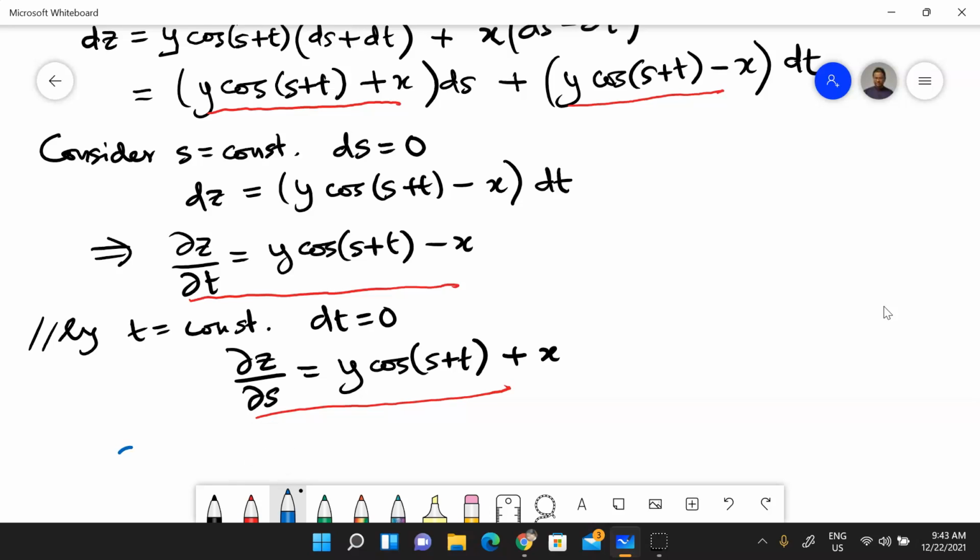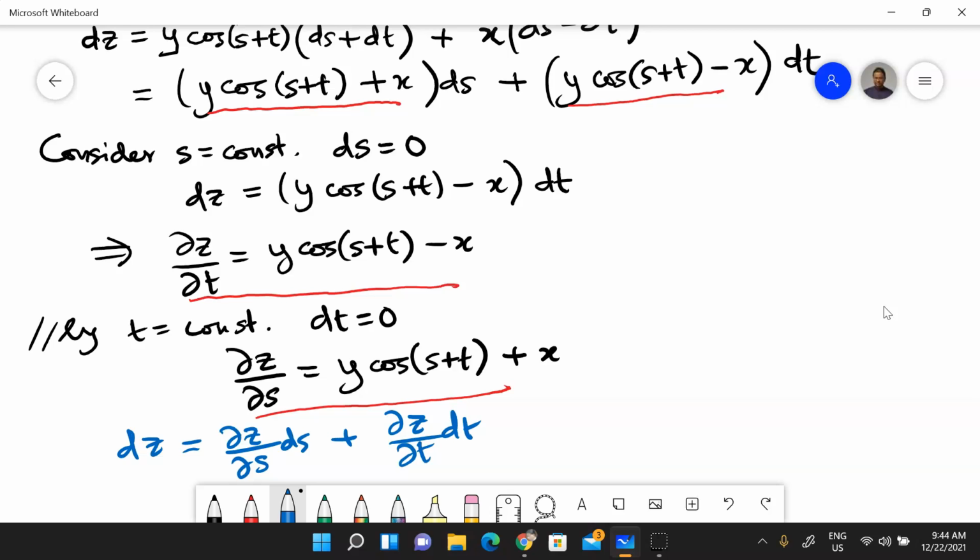So if I do that, your dz is simply partial z partial s ds plus partial z partial t dt. Most of the time we'll be able to just jump into this particular equation without going through all these intermediate steps.